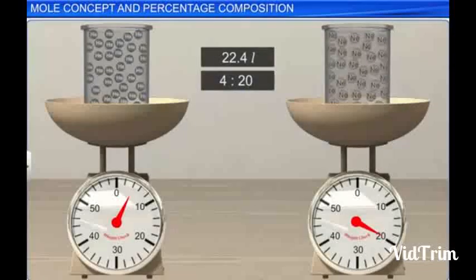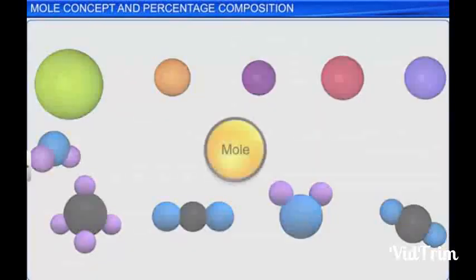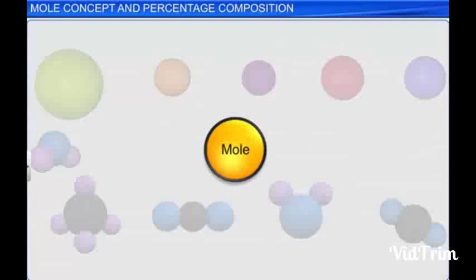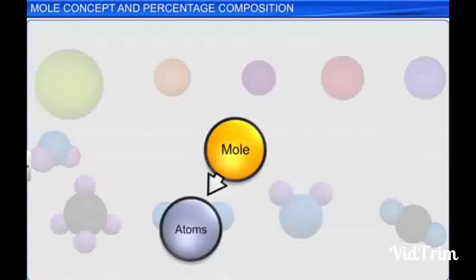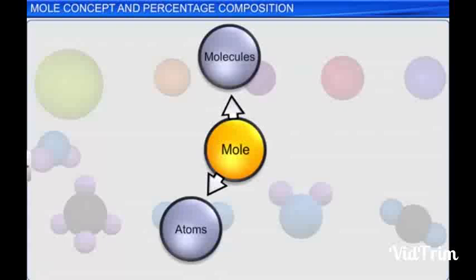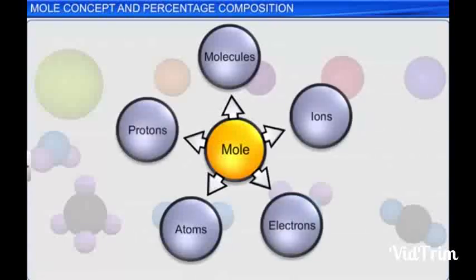Note that 1 mole of a substance always contains the same number of entities, irrespective of the identity and kind of the substance. The term mole is used to count particles such as atoms, molecules, ions, electrons, and protons. Hence, we must indicate the nature of the particle under observation.